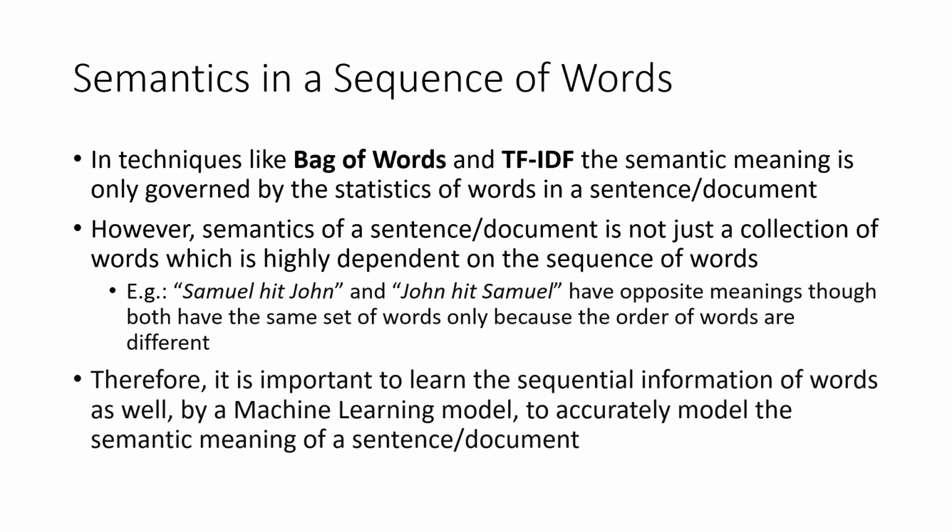But when we are making these statistics, we are actually losing a lot of information relevant to the sequence of these words. For this example, let's take two sentences. Samuel hit John. There are three words: Samuel, hit, and John. Right? And another sentence, John hit Samuel.